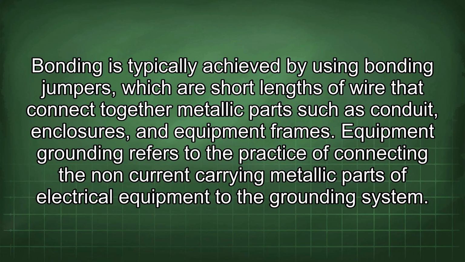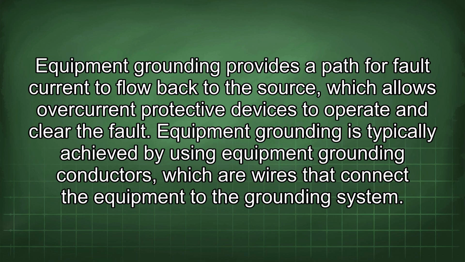Equipment grounding refers to the practice of connecting the non-current carrying metallic parts of electrical equipment to the grounding system. Equipment grounding provides a path for fault current to flow back to the source, which allows overcurrent protective devices to operate and clear the fault. Equipment grounding is typically achieved by using equipment grounding conductors, which are wires that connect the equipment to the grounding system.